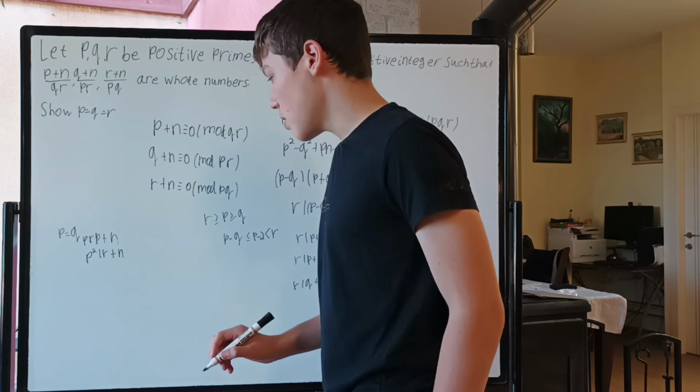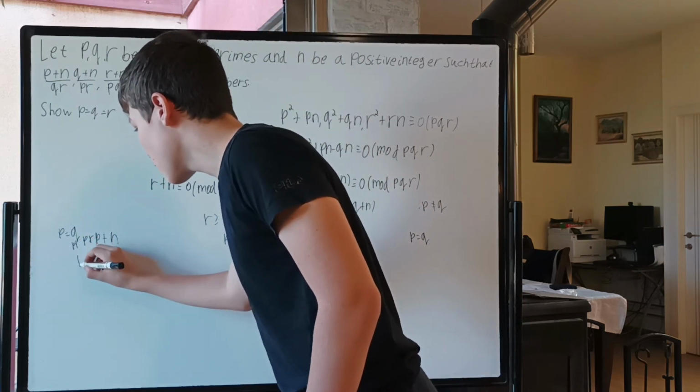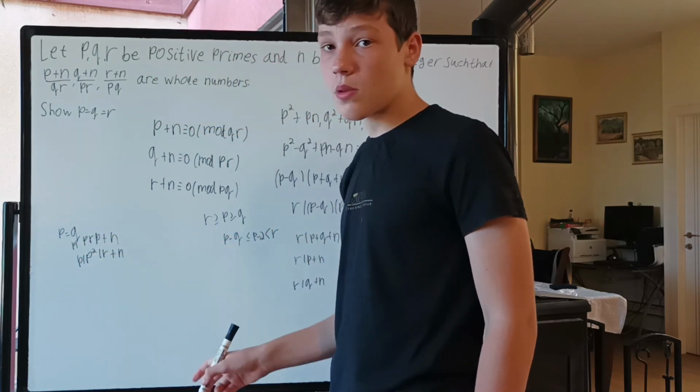So now we know that P divides both of these numbers, right? P divides PR, P divides P squared.